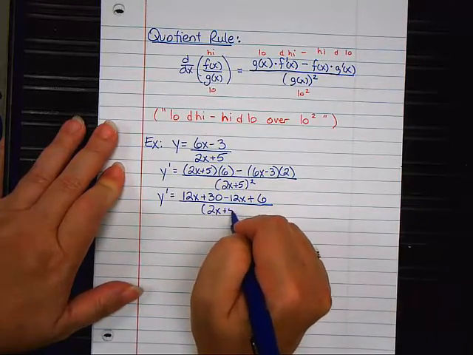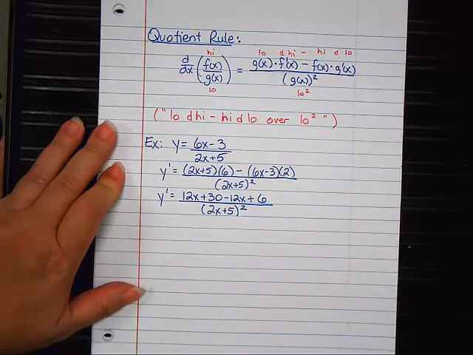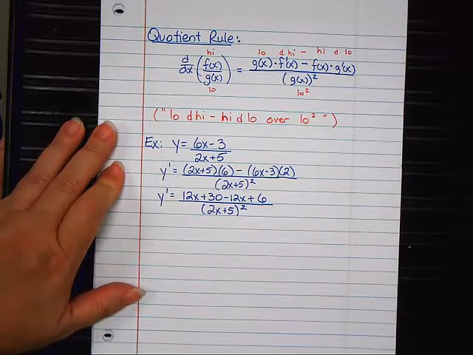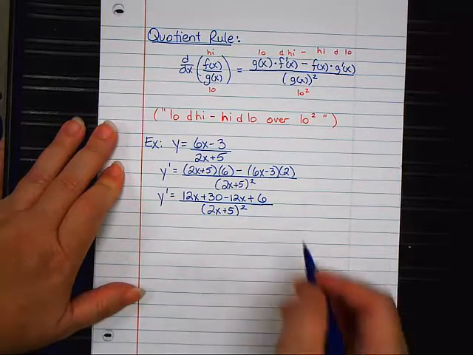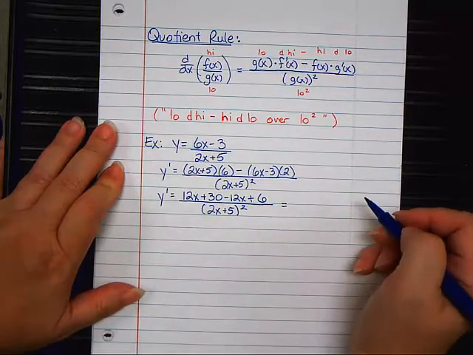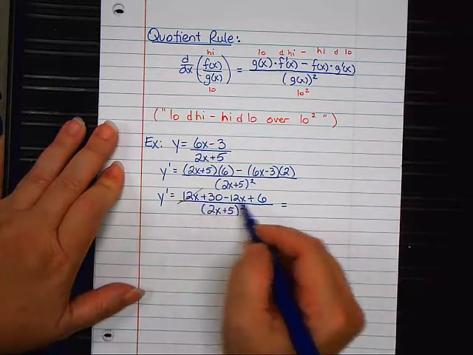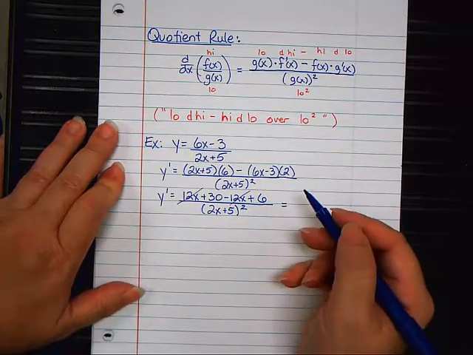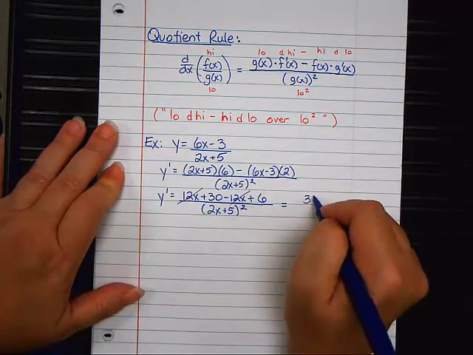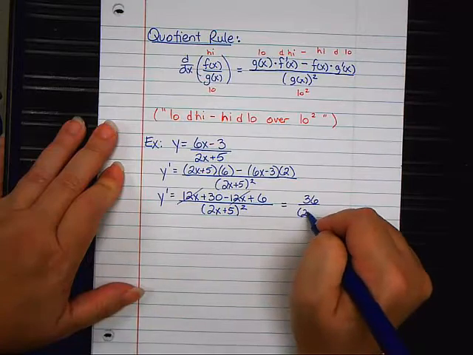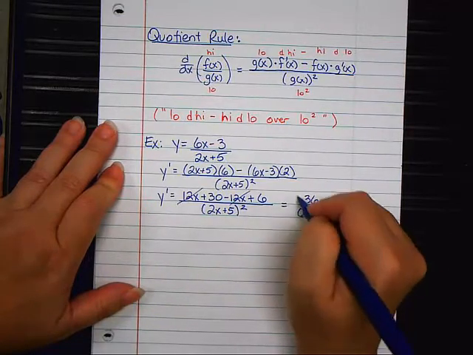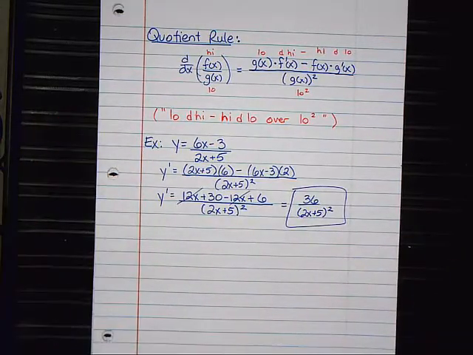Over 2x plus 5, the quantity squared. Okay. Now, what's the numerator going to be? What happens? The x's cancel. They don't always cancel, but in this case they do. So I'm left with 36 over 2x plus 5, the quantity squared, and that is the derivative.